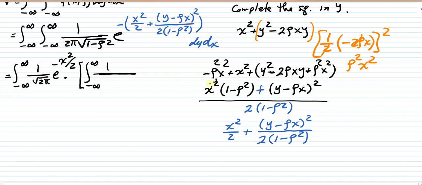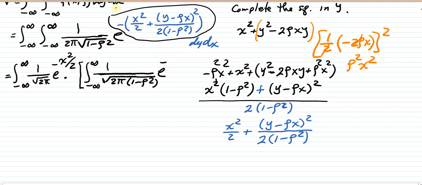That's the second square root. And then of course we have the 1 minus rho squared in there also. And because they're both positive, we can use the multiplication rule of radicals and join them together. And then e to the negative, because I'm running out of room here, I'm just going to put that here. And then we have dy dx.